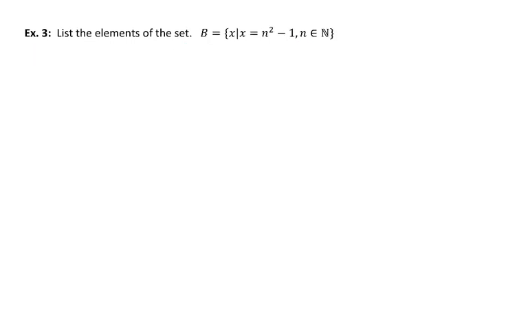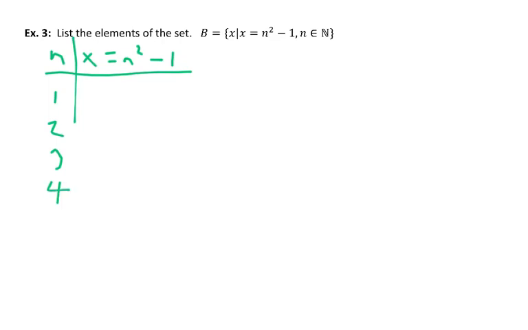Let's do one more, kind of the same thing. We have the set of all values of x such that x is equal to n squared minus 1, where n is a natural number. So again, we're going to start with the value of n, just the natural numbers, and then we're going to substitute them into the formula n squared minus 1 to get the corresponding values of x. And we pick natural numbers, so we pick 1, maybe 2, maybe 3, 4, and 5.